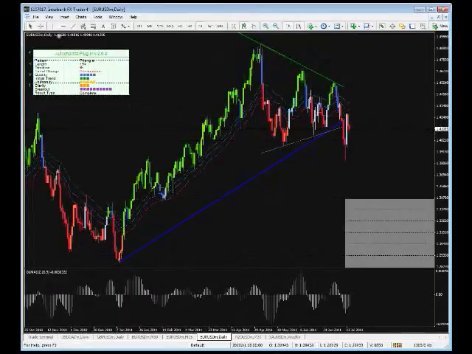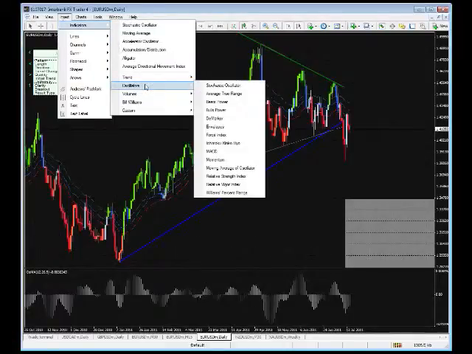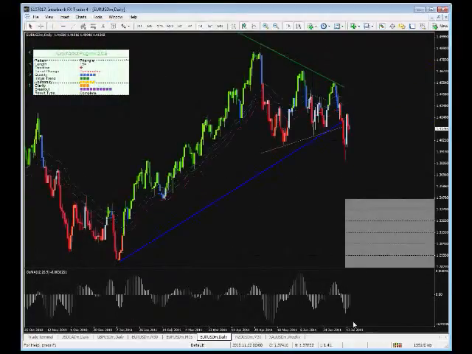On the MT4 platform, if you go down to the indicators and the oscillators heading, you'll see an indicator called the moving average of oscillator. This is essentially simply an MACD histogram based upon the signal line. You don't have to worry about the actual calculation, but I want you to understand that the way I use it is simply in what I call an on or off method.